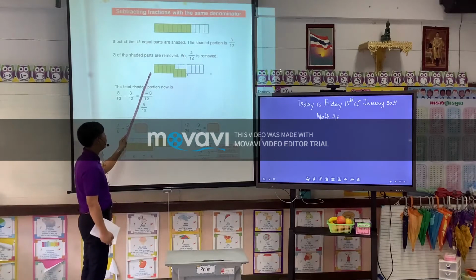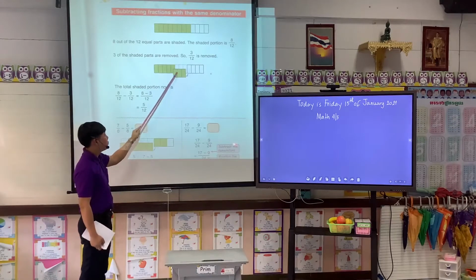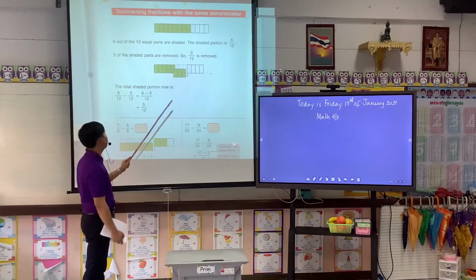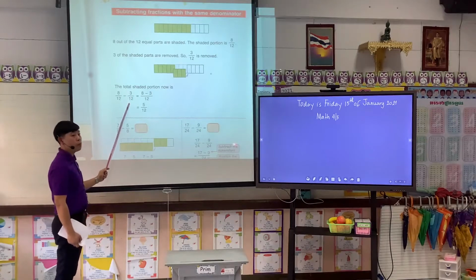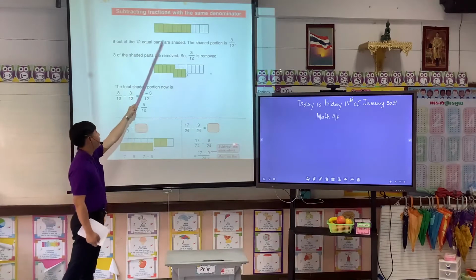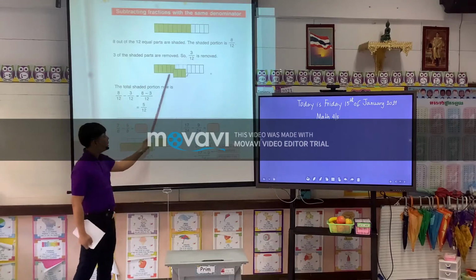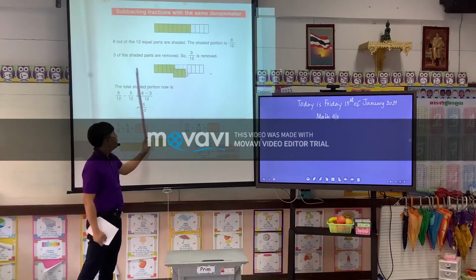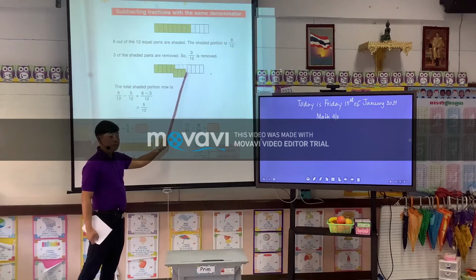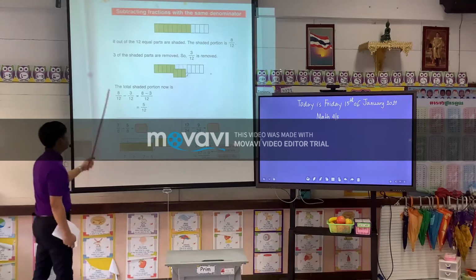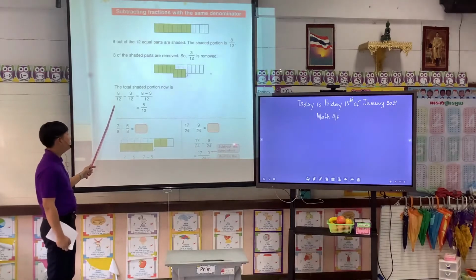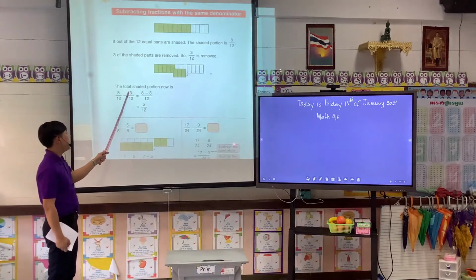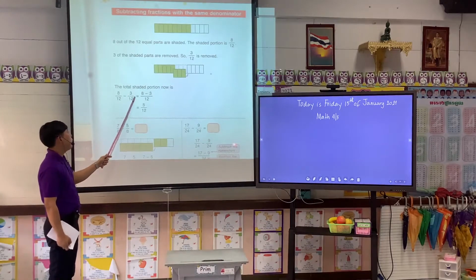We have removed 3 shaded parts, so we can say 3 over 12: 3 has been shaded and the total parts are 12. So the total shaded portion is now 8 over 12 minus 3 over 12 equals.